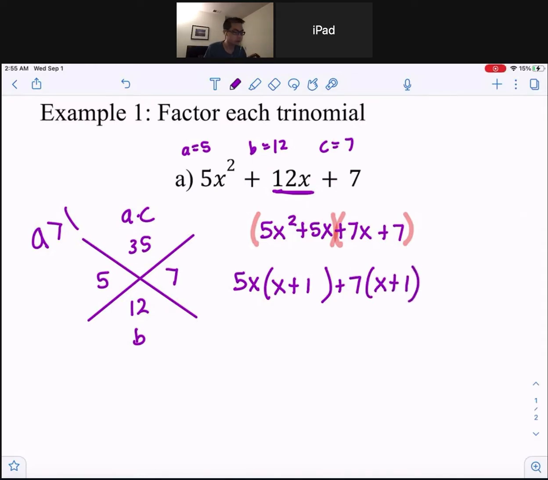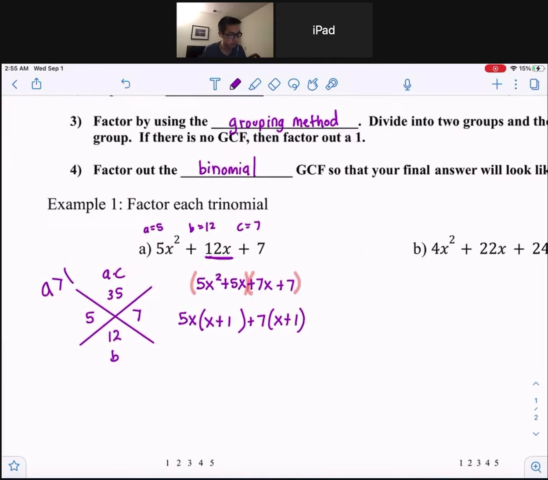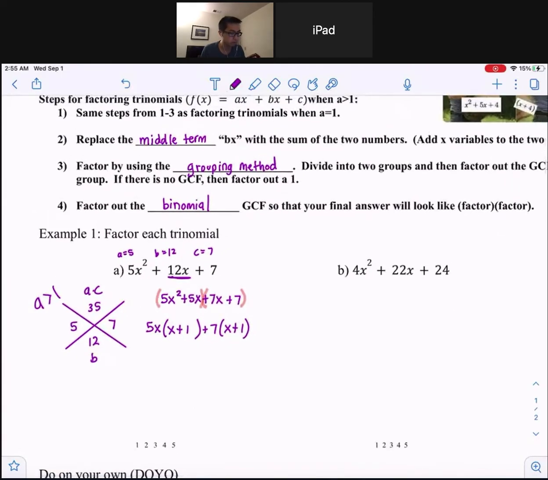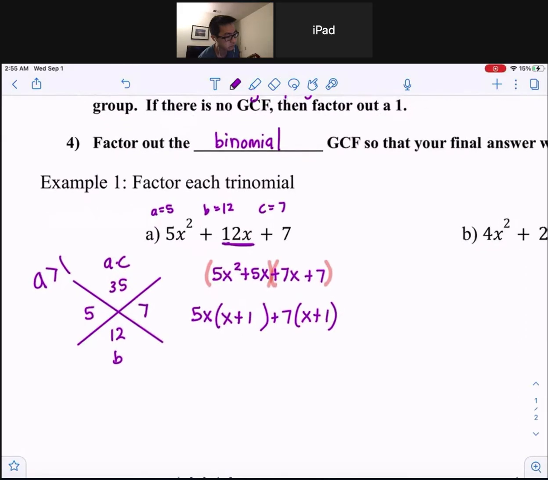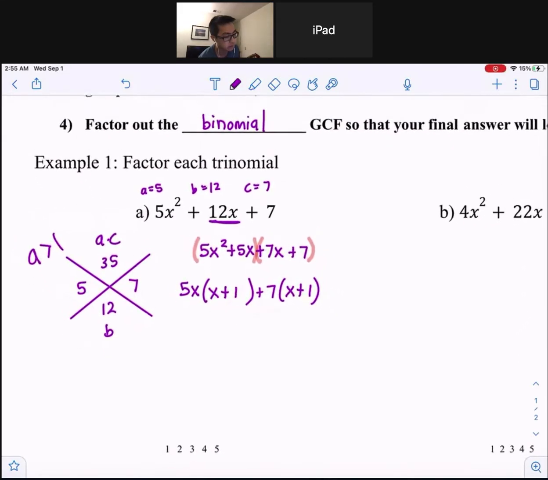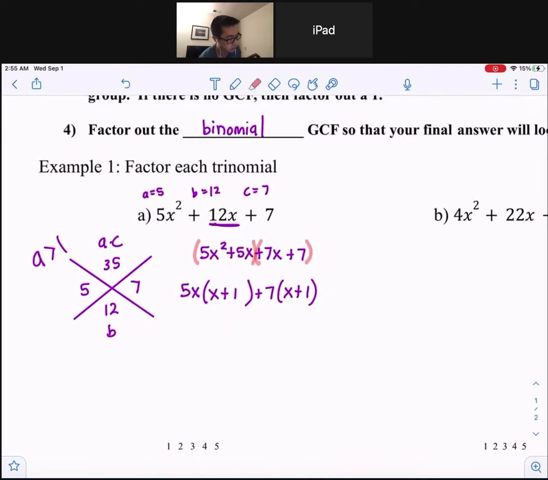Okay, now I think our third step, nope, our fourth step is, you guys, you gotta factor out the binomial GCF. The binomial GCF is the one that has two terms that they have in common. So do you guys recognize, after we factored out the GCF from the grouping, do you guys see how this one and this one are the same?